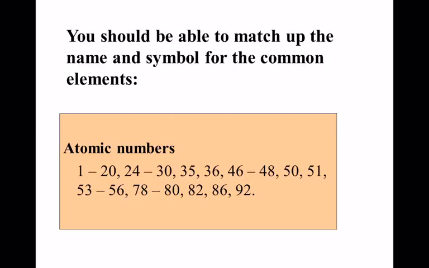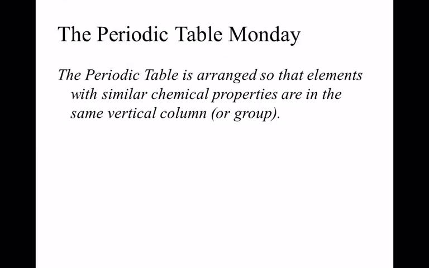Number 56, barium, Ba. So you need to know barium, Ba. But the video said he basically went every 7 and then came back around. Now you're like, 7, how does that work out?